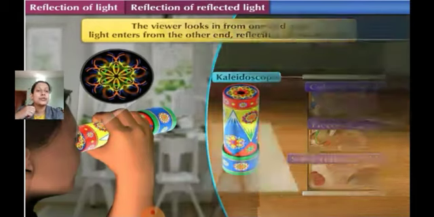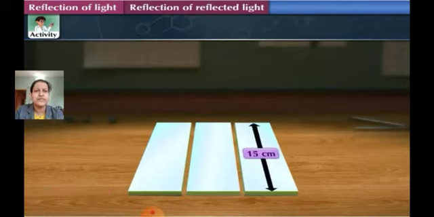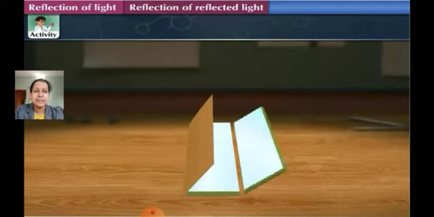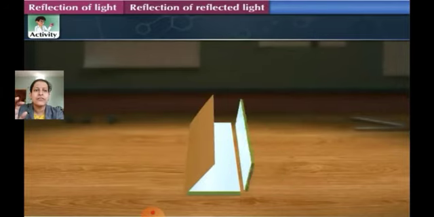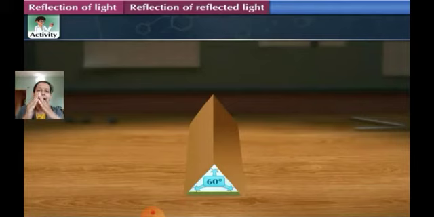So how to make this? For this you will require some plain mirrors of the same size, and these plain mirrors may be 15 centimeters in size. You can take 15 centimeters of your ruler length. You have to place them in such a way that all three of them, once they are folded, make a triangular pyramid.